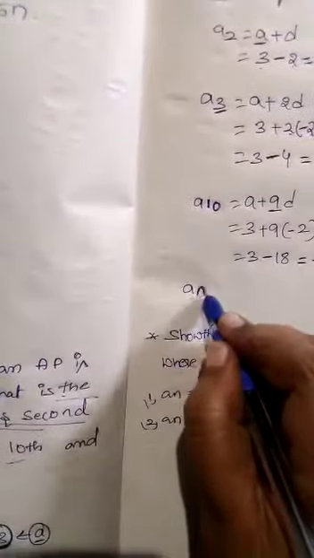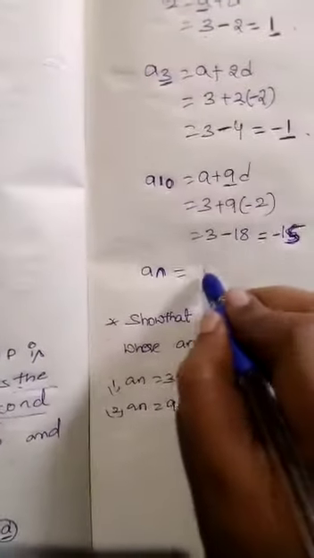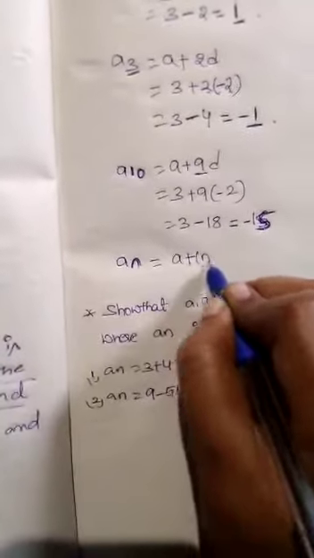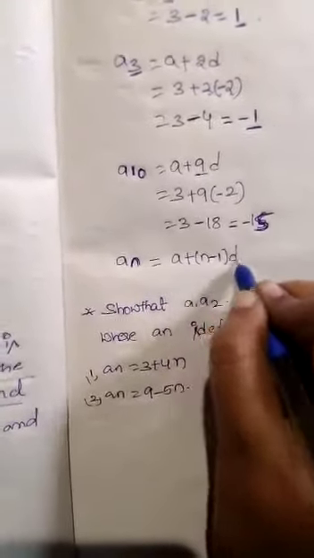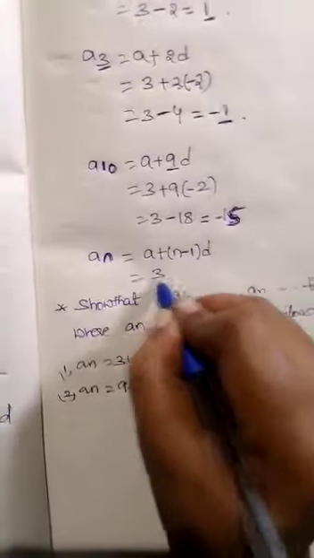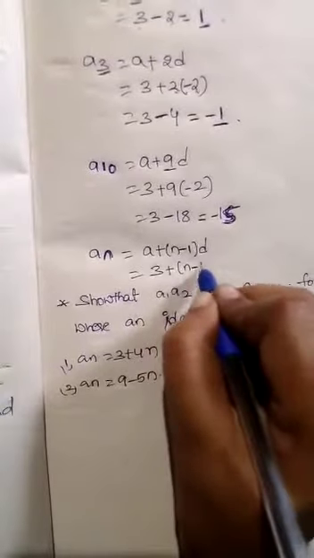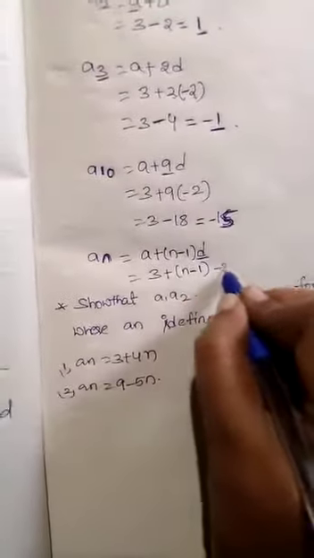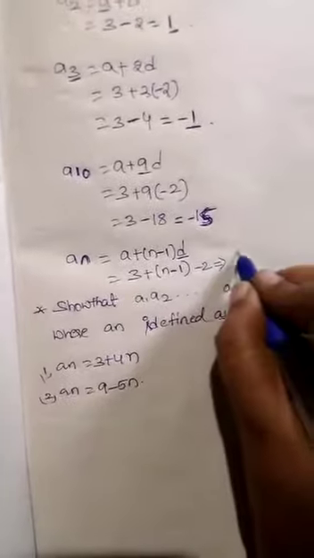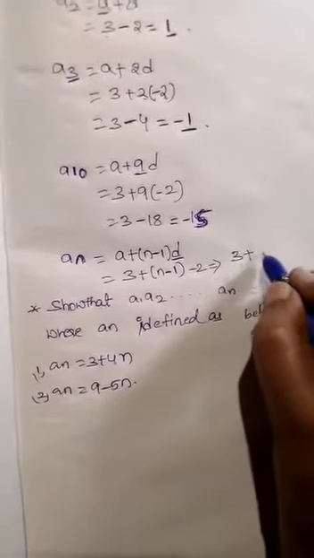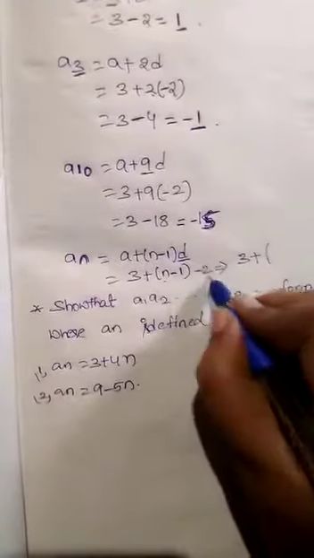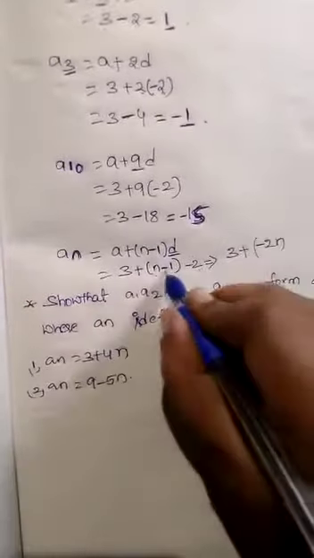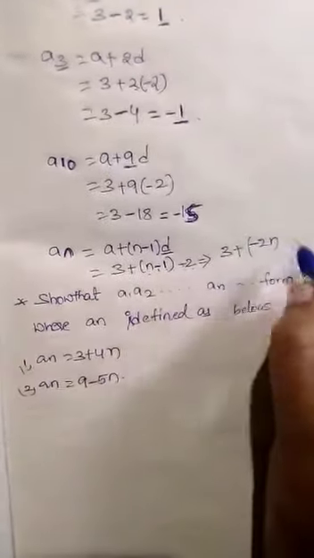And the nth term: an equals A plus n minus 1 into D. Here A equals 3, n minus 1 into D value, minus 2. It is equal to 3 plus n into minus 2, minus 2n, minus into minus plus 1 into 2, 2.